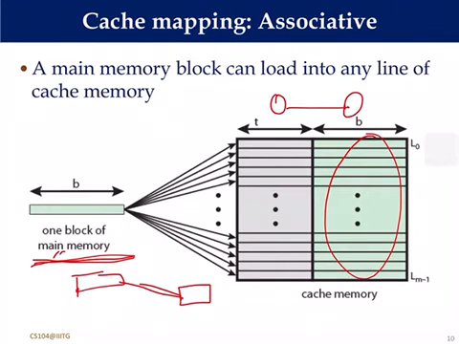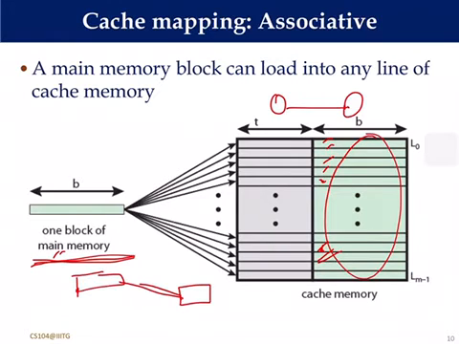Now, if it can go anywhere, that means you have to check all the locations, because it might be somewhere here, it might be somewhere here. So there has to be some kind of checking or searching mechanism.